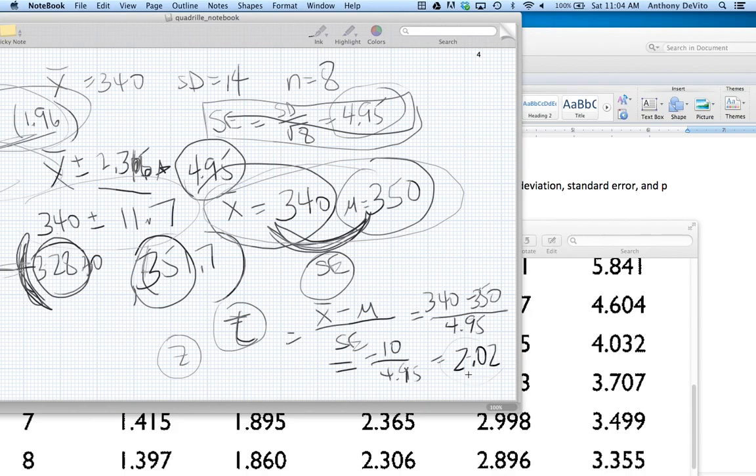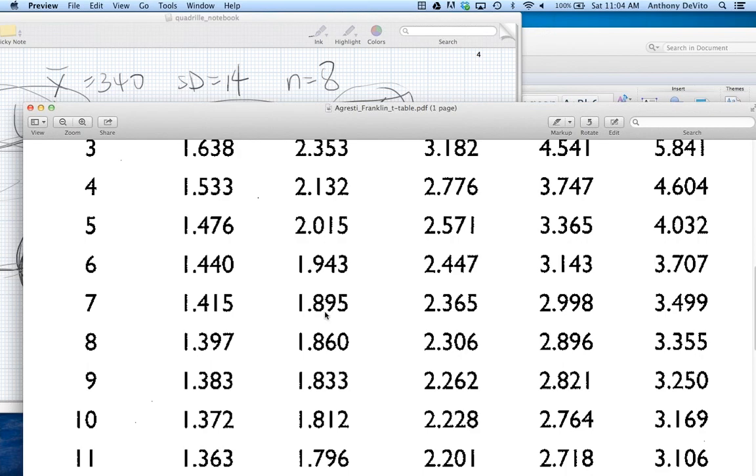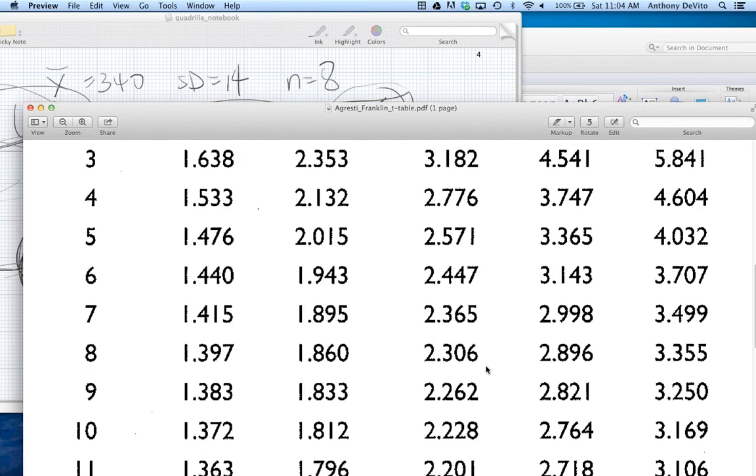No, I can't, because I didn't exceed the value of t that I needed for this particular sample size. By the way, this value of t is called the critical value of t. In other words, that's the value you need to exceed to reject the null hypothesis. Are you comfortable with that? Does that make sense to you?